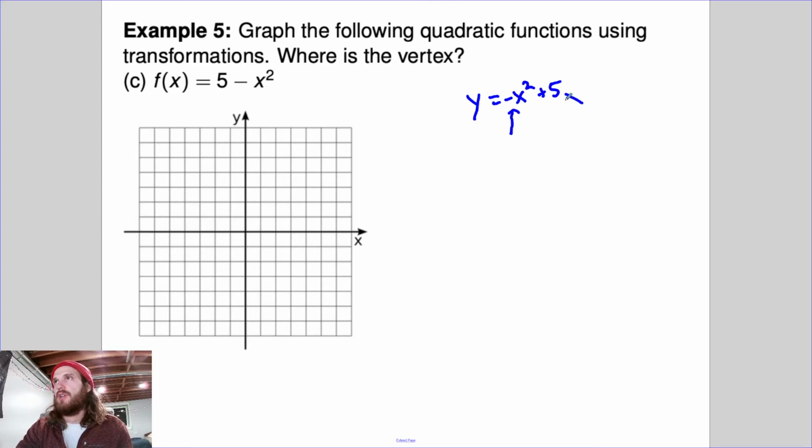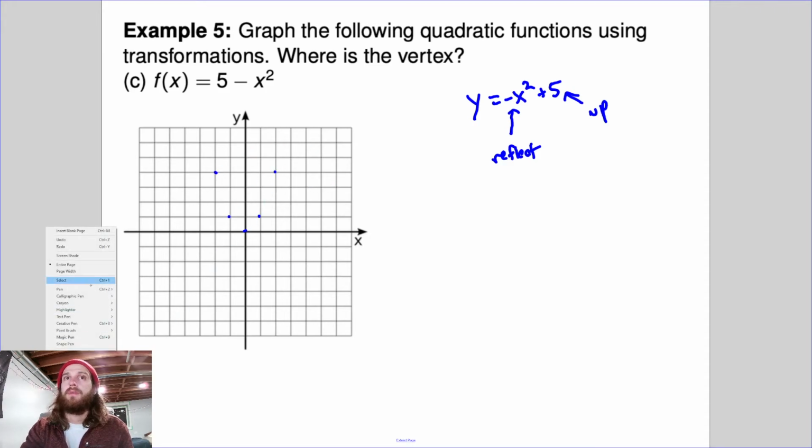We have a reflection and we have a shift up. Which one happens first? Follow the order of operations. Here's my parent function. The first thing I would do is reflect this. I would reflect it. Then I'm going to shift it up. So it's this thing, shift it up 5, right?